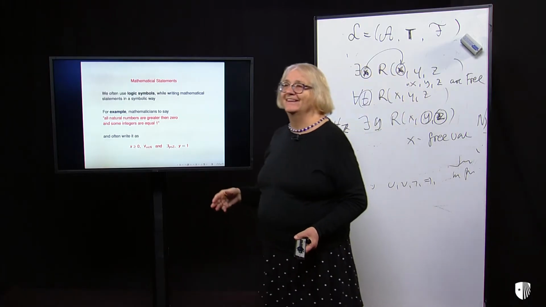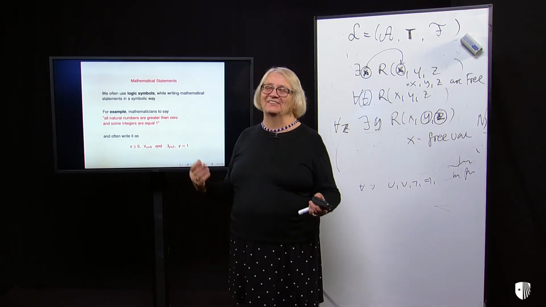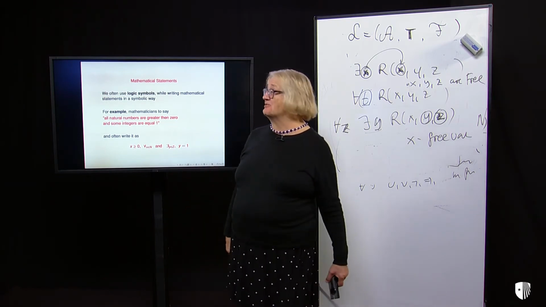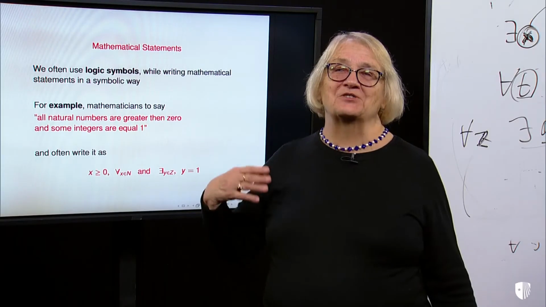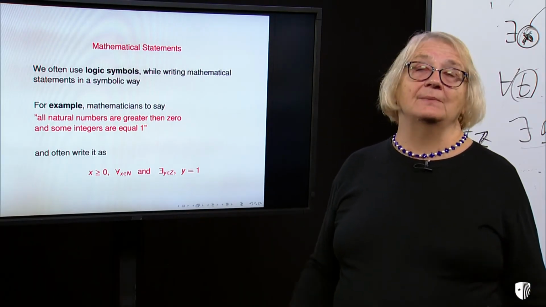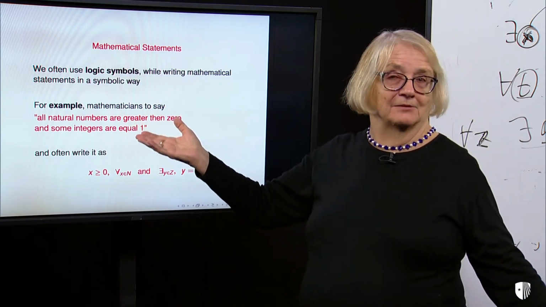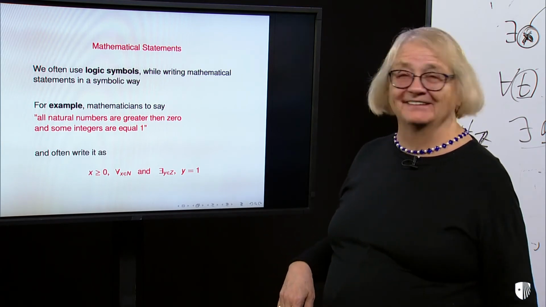So now is my joke. I want to tell you this joke because I'm a mathematician, so I can joke. For example, a mathematician would say all natural numbers are greater than 0 and some integers are equal to 1, right? That's a nice statement. That's even a true statement, right?